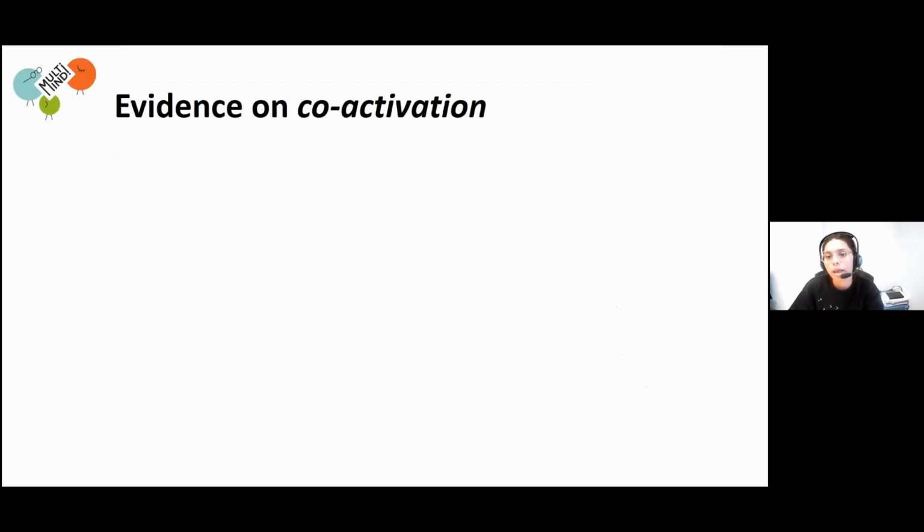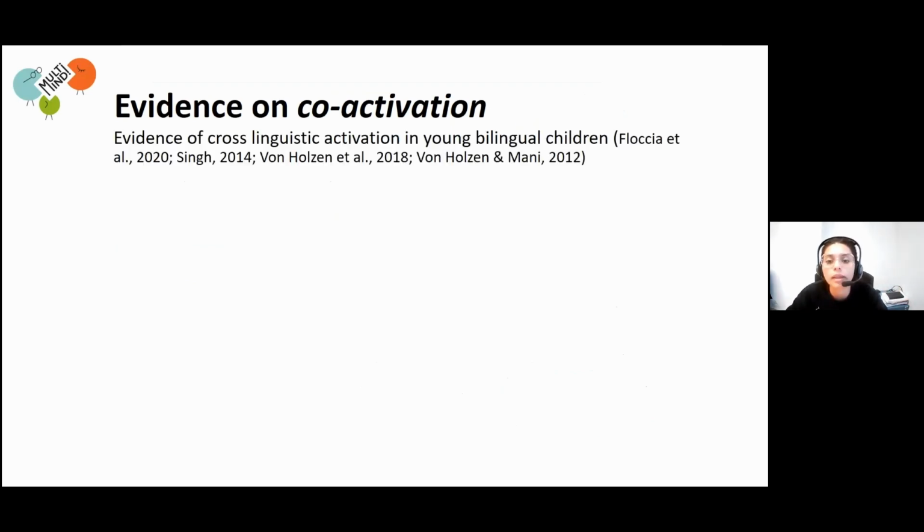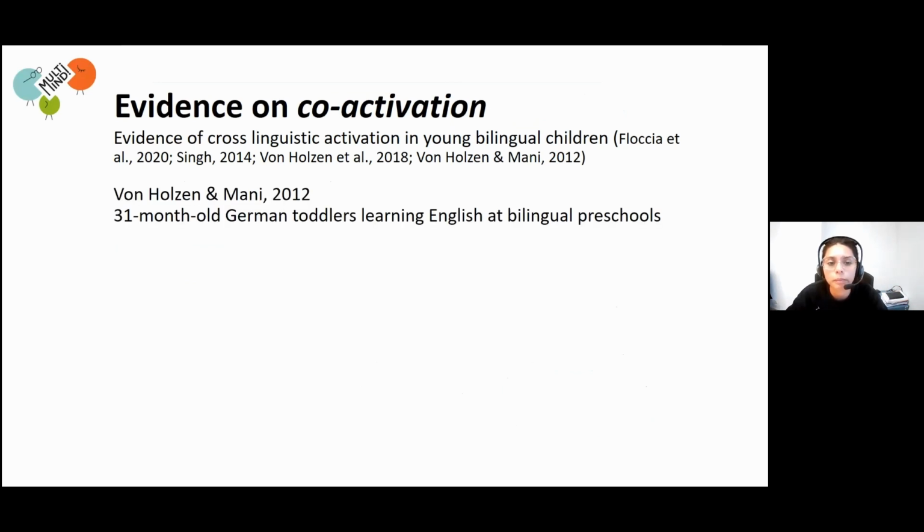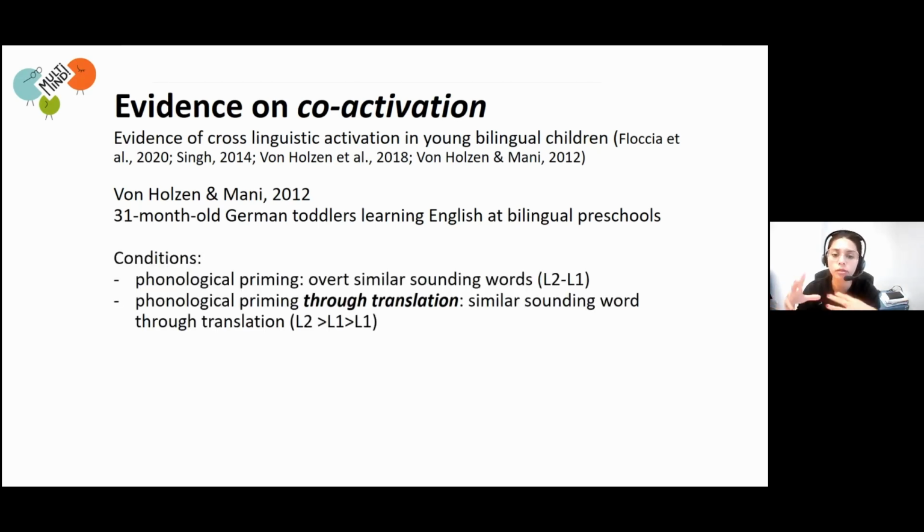I will talk about this study done by Katie von Holzen and Nivedita Mani in 2012, where they presented 31-month-old German toddlers learning English at a preschool with an experiment that included two conditions.